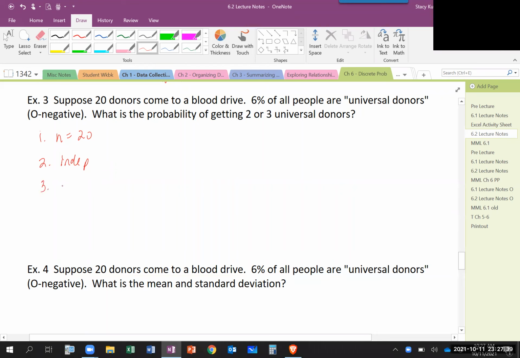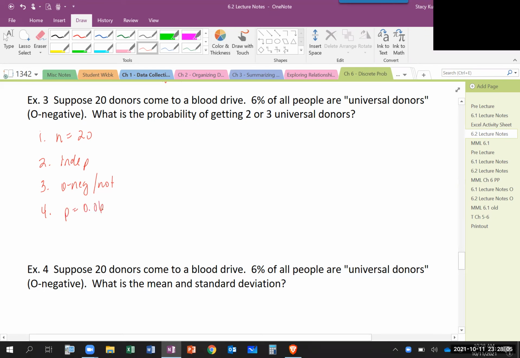So either universal or not, O negative or not. What's the probability of success? What variable do I assign to the 6%? Lowercase p, okay, lowercase p.